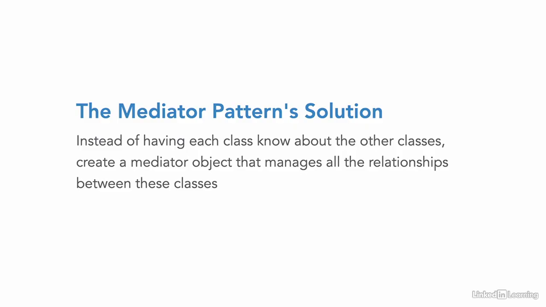And the idea then is that whenever some event occurs in one of the classes or elements, instead of directly calling one of the other classes and having a reference to that class, it simply notifies the mediator class, which takes care of making any necessary changes. Okay? That might sound a little bit confusing. We'll see exactly what this looks like in the UML diagram and in the code. So let's take a look at the UML diagram first.